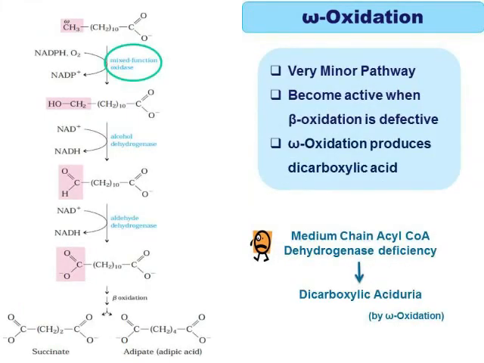Omega oxidation is a very minor pathway carried out by the enzyme omega hydroxylase, an enzyme of the microsomal cytochrome P450 oxygenase system, which is present in the smooth endoplasmic reticulum of the liver.